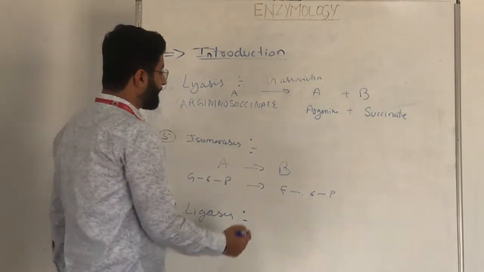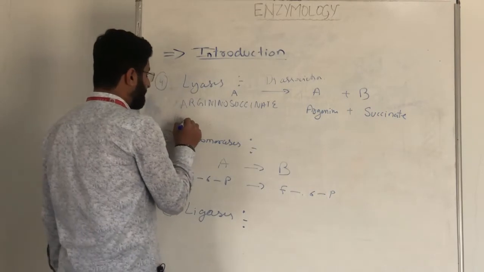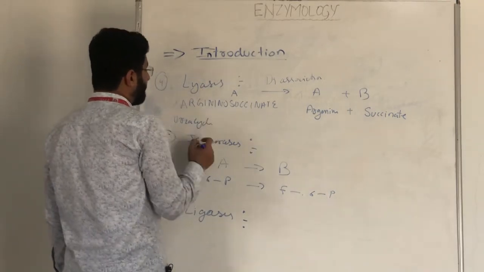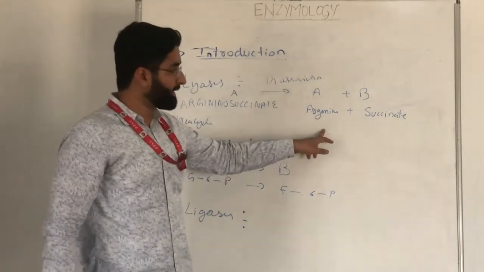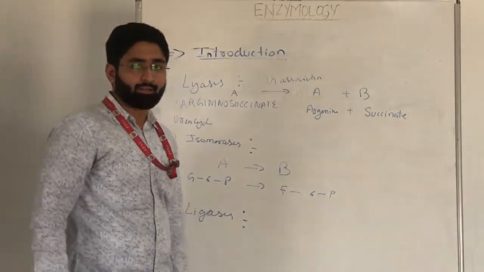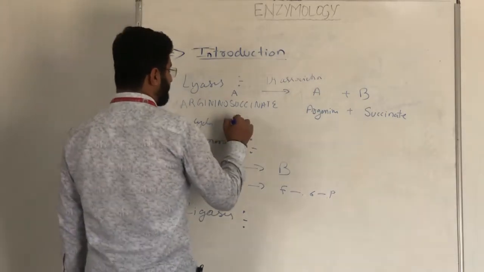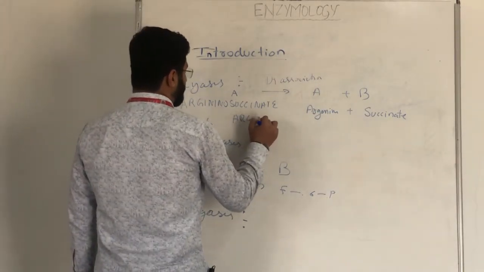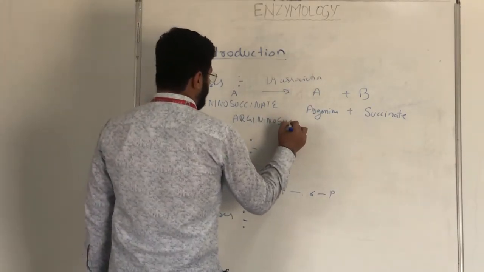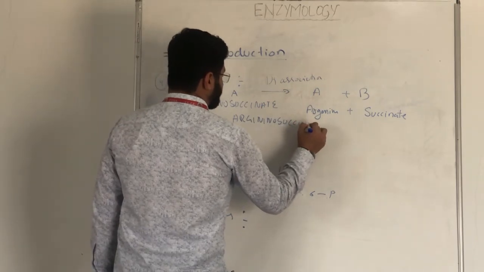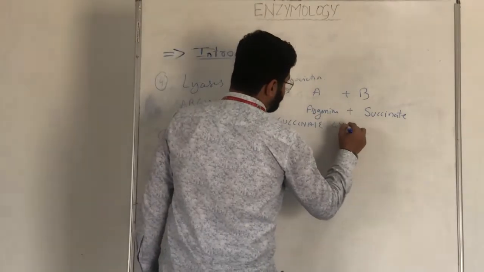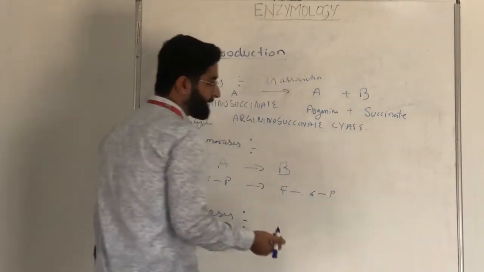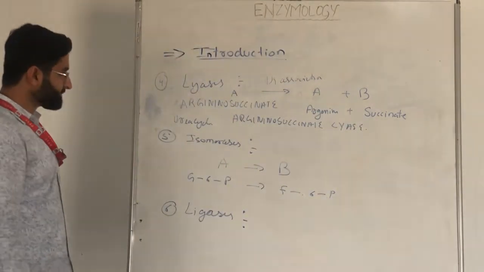This is an example from the urea cycle, where argininosuccinate breaks down into arginine and succinate with the help of an enzyme called argininosuccinate lyase. It's simple as that, right?